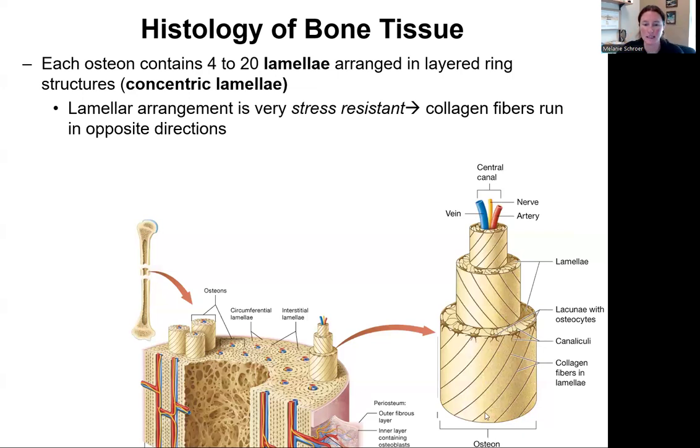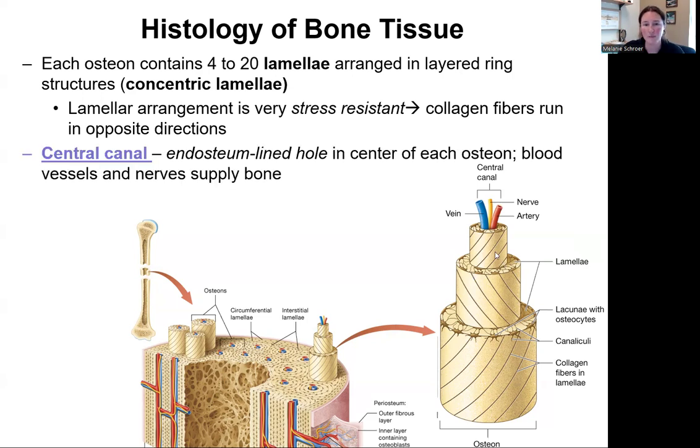Here we can see some collagen running this way, here collagen running that way and that way. What this does is provide a little bit of resistance and resiliency to a little bit of twisting, especially if you play sports and you're stopping and starting all the time. You need a little bit of twisting without shattering your bones.